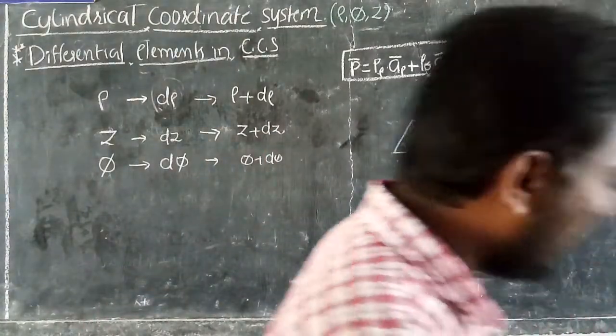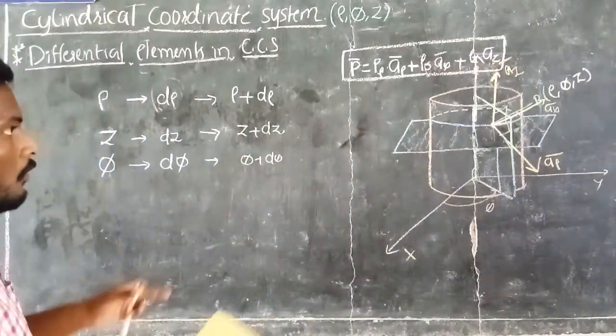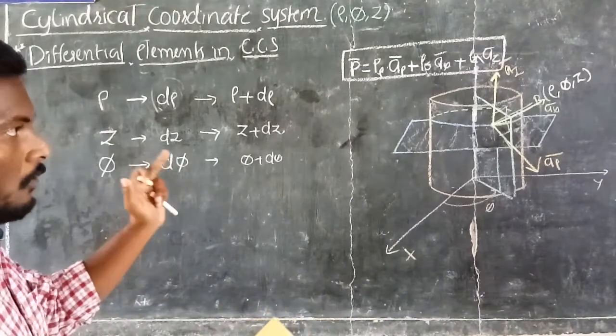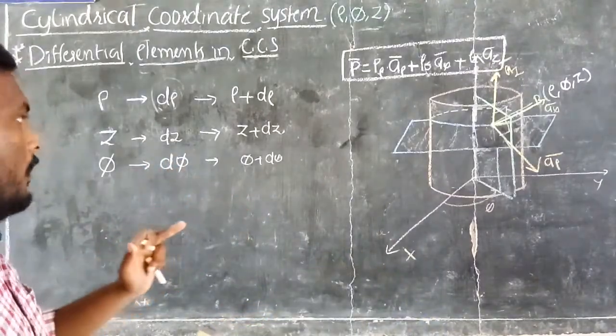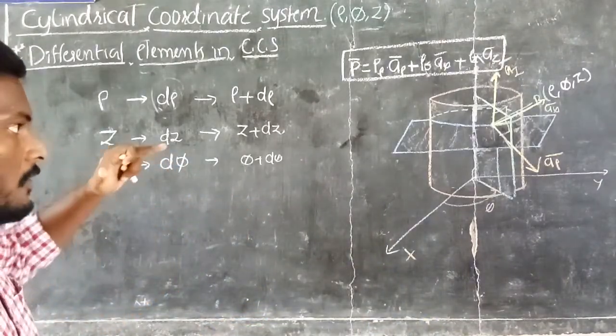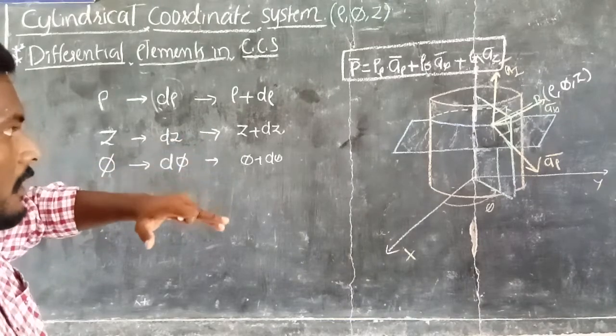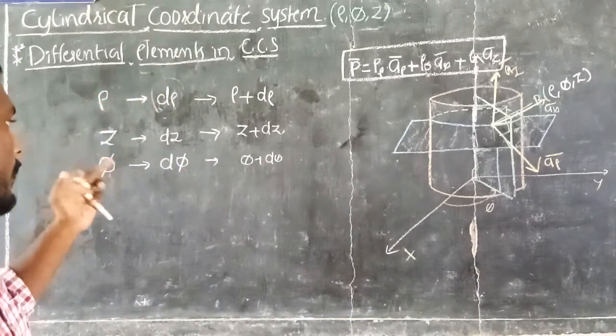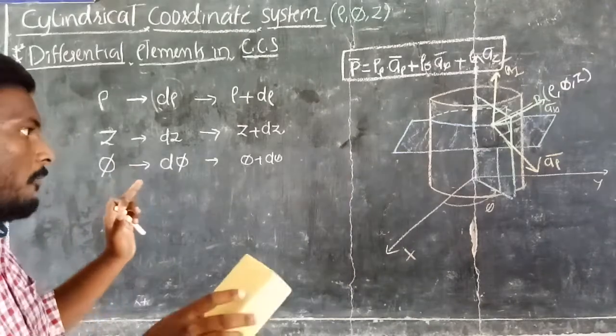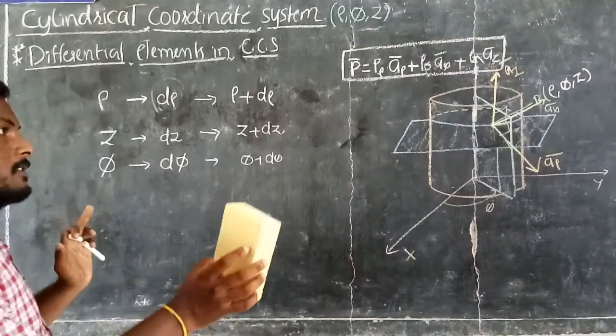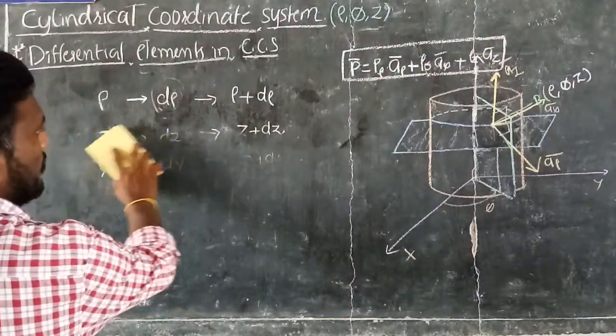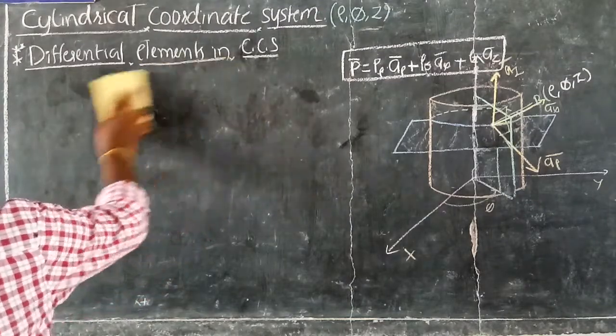Listen carefully. I am drawing the two cylinders, which have radius rho and rho plus d rho, and a constant z plane, which has length z and z plus dz, and I am changing the angle of the half plane from phi to phi plus d phi. So observe this carefully.